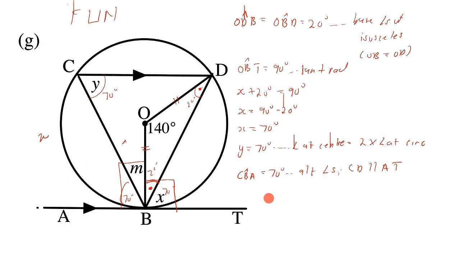But then we know that angle OBA should be equal to 90 degrees, and this is because tangent is perpendicular to radius. Now OBA can be defined as m plus 70. So we have m plus 70 degrees is equal to 90 degrees. Then m should be 90 degrees minus 70 degrees, meaning m is equal to 20 degrees.